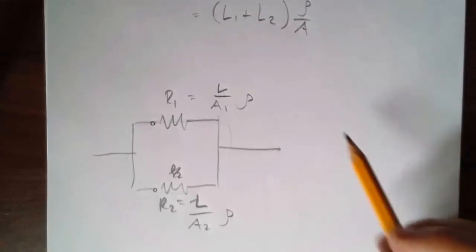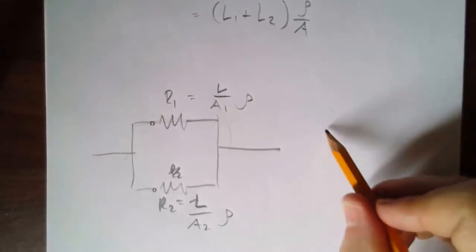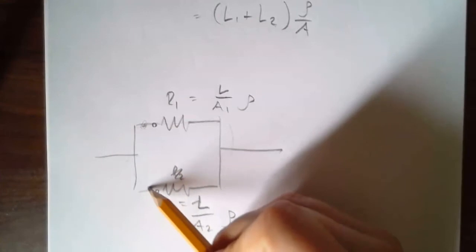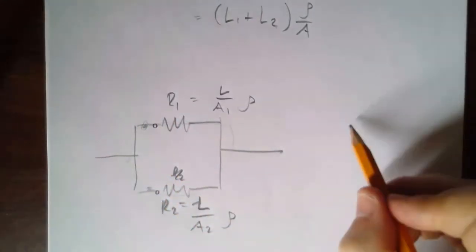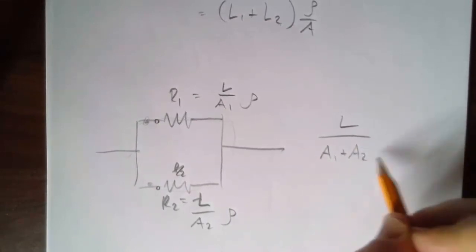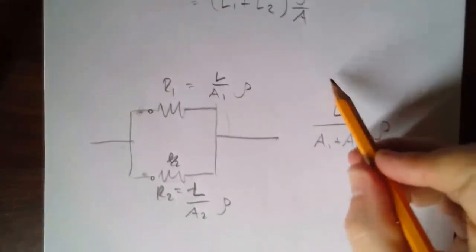Now what's the combined resistance? Well, it's almost like adding the areas, because if you imagine 3 highway lanes here and 2 highway lanes here, it makes a total of 5 lanes. Try figuring out what this one is. I'm just adding the areas, and that would be the combined resistance.